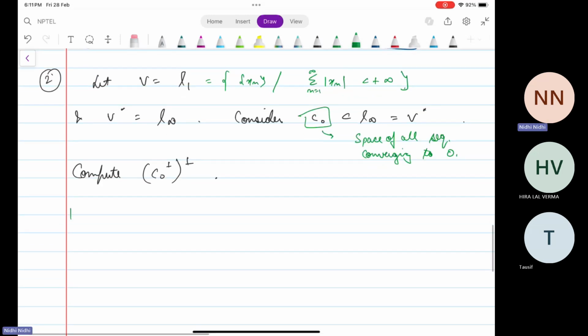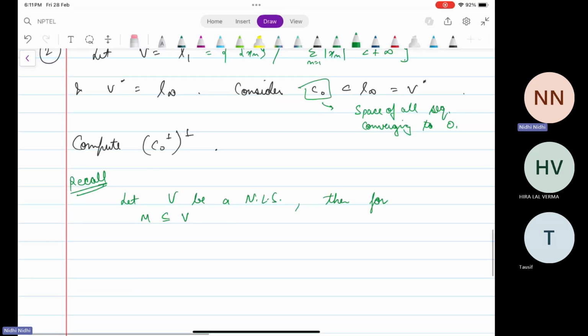So let's recall, how do we define the perpendicular for a subspace of the dual space. Suppose V is a normed linear space, and for M subset of V, we know that M perp is the set of all those functionals in V star such that f of x is equal to 0 for every x in M. Clearly, this is a subset of V star.